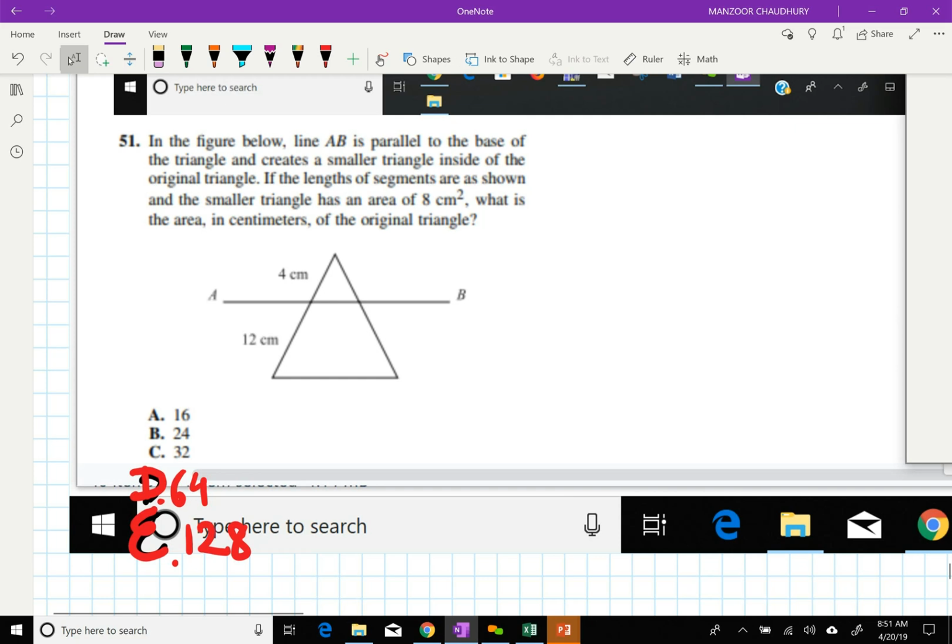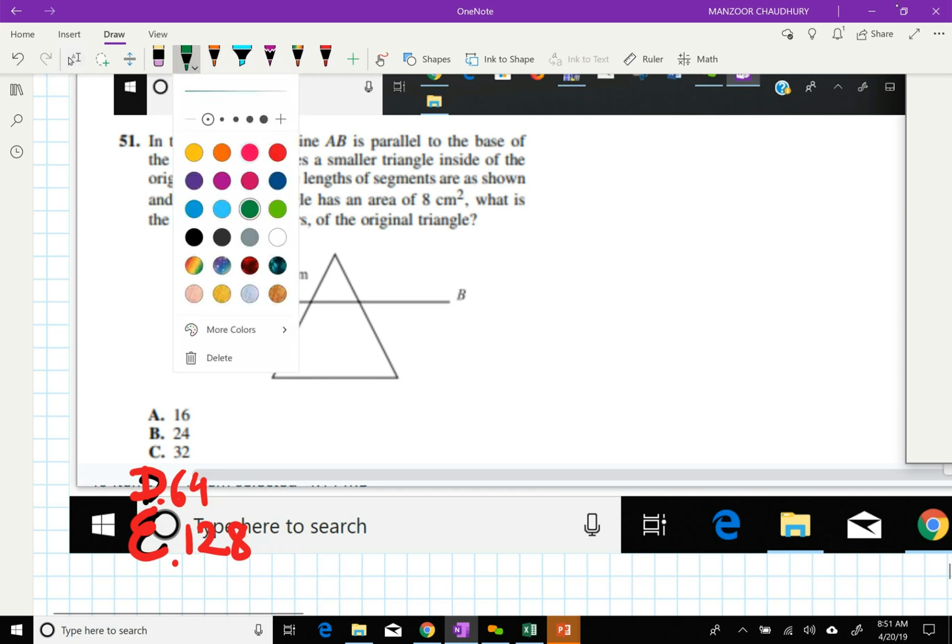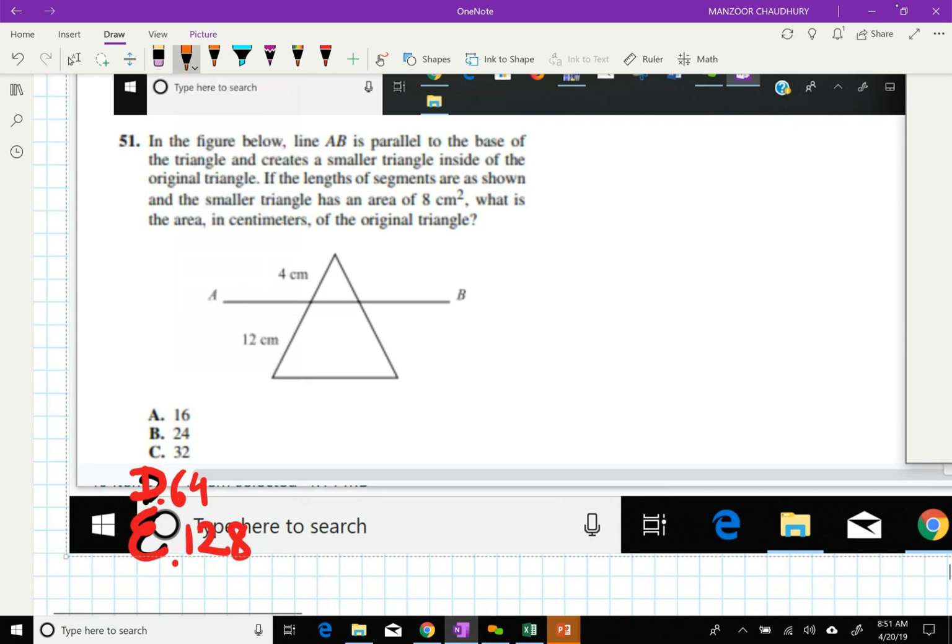So 4 equals base times height. And then could you just do the Pythagorean Theorem for this one? No, not really. No.